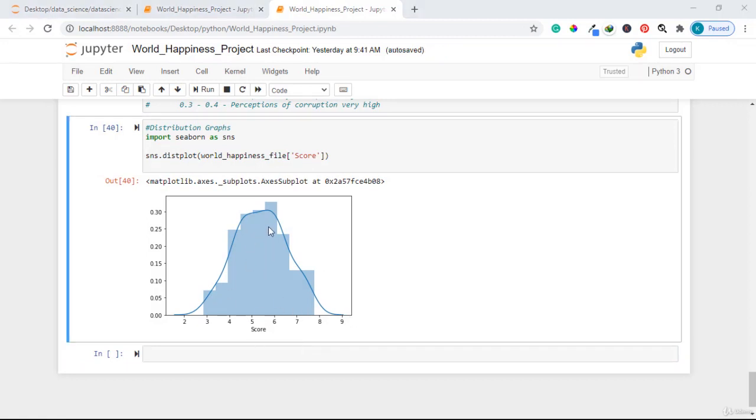If you can see this graph, if I draw a line here in the middle, it means that this side of the graph will be nearly equal with this other side of the curve, since this curve is kind of symmetrical. Starting from this level, the level of happiness at this point is very low, at this point it is, let us say, average, and at this point it is very high.